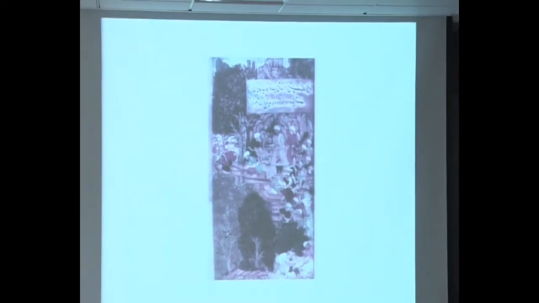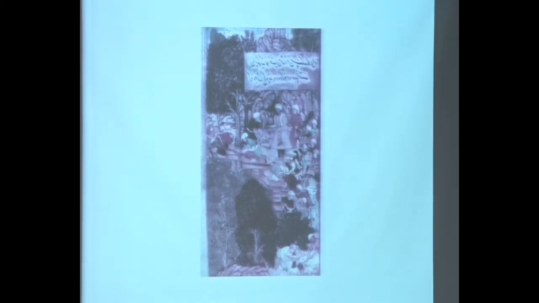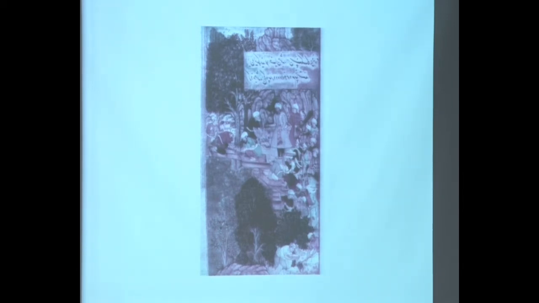It was translated at the order of Akbar, and it was translated by one of his chief courtiers, who was also a very learned man, Abdul Rahim Khan-i-Khanan. Now, four versions of the illustrated Baburnama have been found. One of them is this.